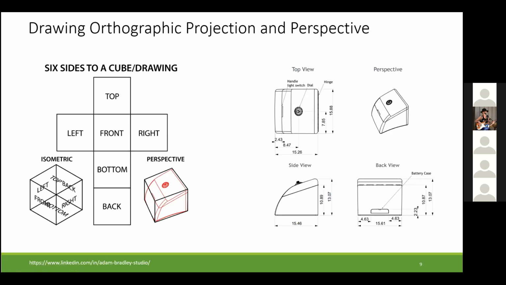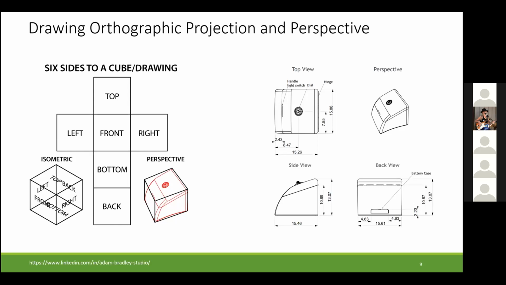It's usually easiest to measure everything out using a cube. And all cubes have 6 different sides: top, left, front, right, bottom, and back. These are the different orthographic views that you'll usually be presenting drawings from.